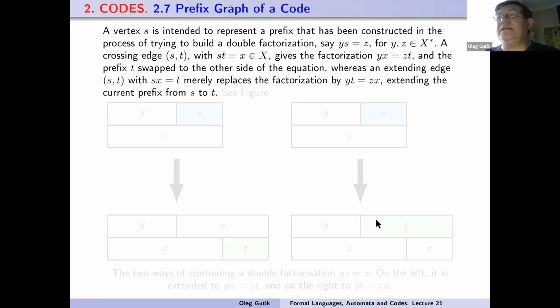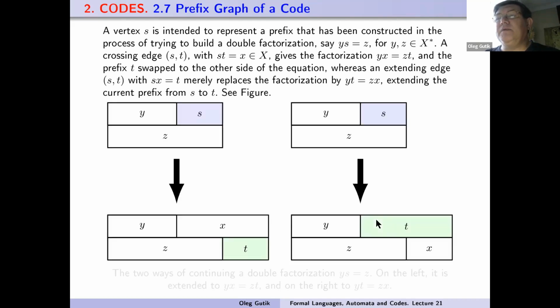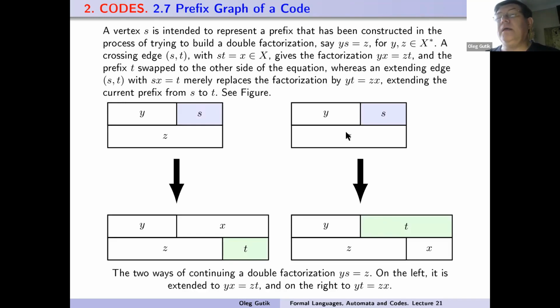Whereas an extending edge (s,t) with sx equal to t merely replaces the factorization by yt equal to zx, extending the current prefix from s to t. See the following figures here.